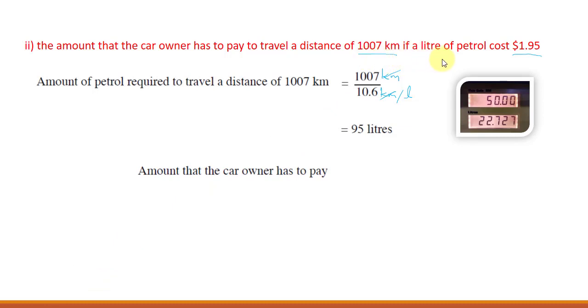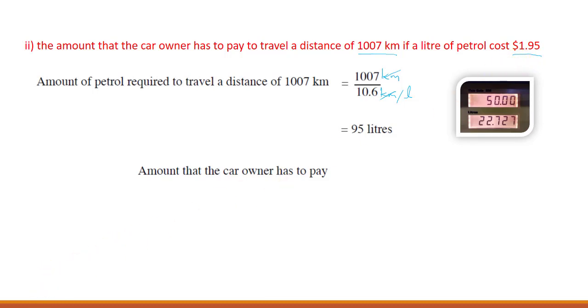We have to find the amount that the car owner has to pay if he travels a distance of 1007 kilometers, and the cost of the petrol is 1.95.